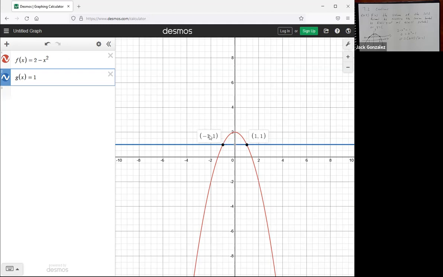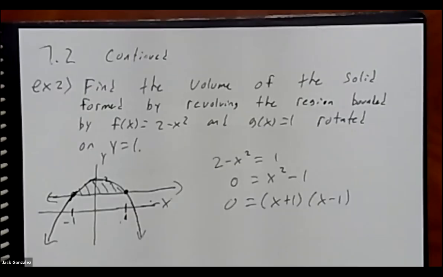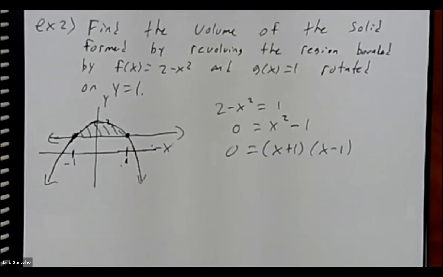So I'm going to integrate from -1 to 1, right? And we found those using algebra by setting both of these functions equal to each other. So we didn't need Desmos, but we can still check it out if you want.